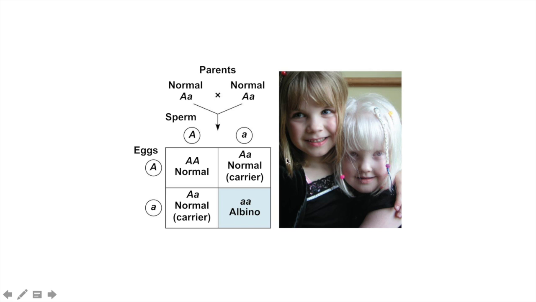So here are two sisters, and you can see little sis here is an albino, and big sis here is not. The parents, if they were normal, we're assuming that they're normal, were both carriers for this albinism allele.